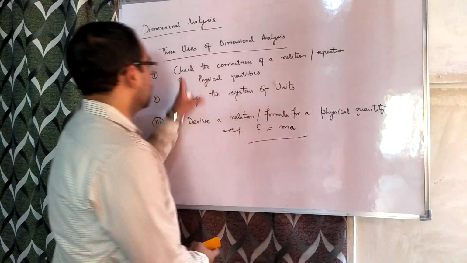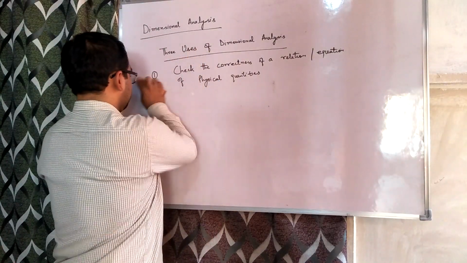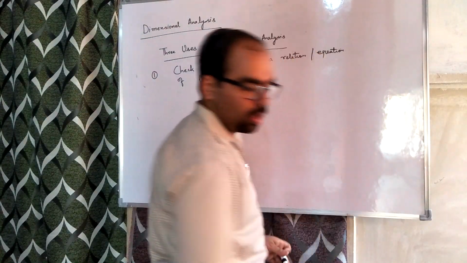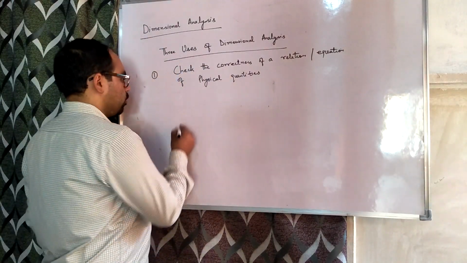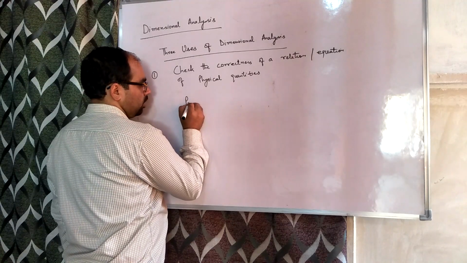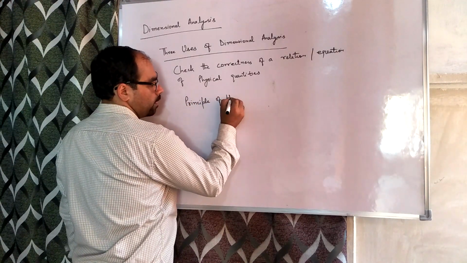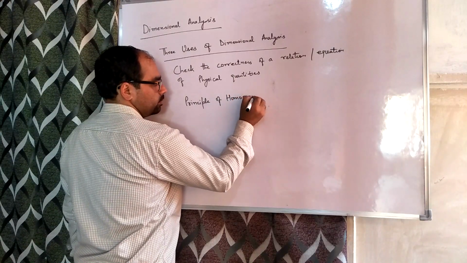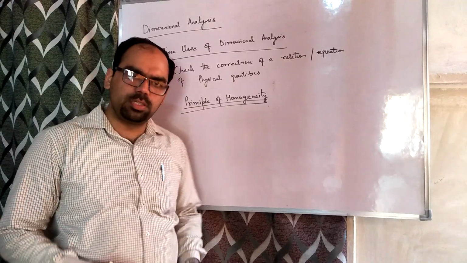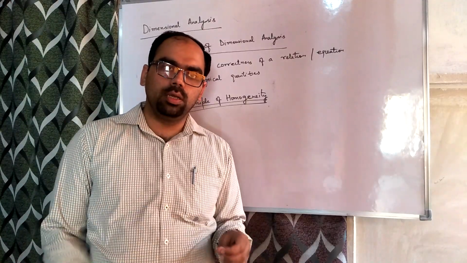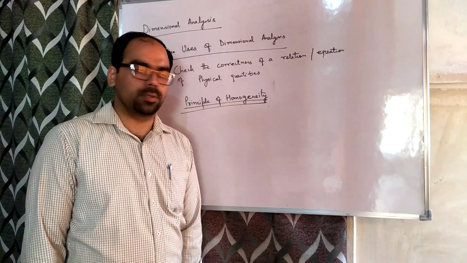First, how can we check the correctness of a relation? For checking the relation, and even in the next uses, we are going to use the principle of homogeneity. That is a very simple principle, but it is very important for understanding the uses of dimensional analysis.